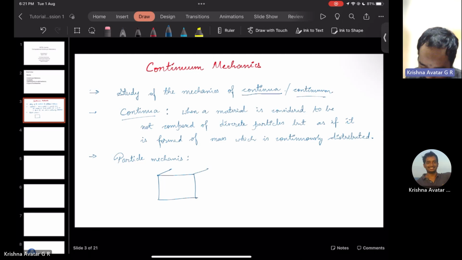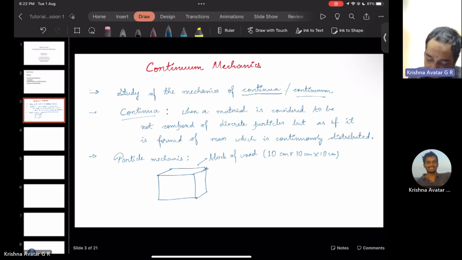You have this block of wood, or a slab of wood, or whatever you would call it. Since we are engineers, we always want to have dimensions. So consider it to be just 10 centimeter cross 10 centimeter cross 10 centimeter.